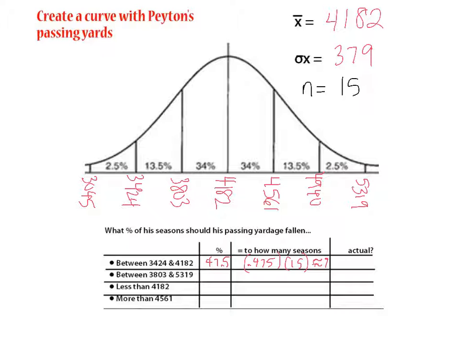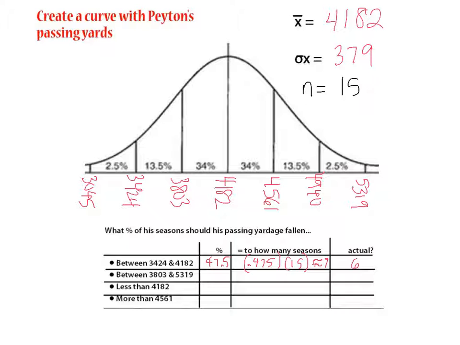The first one does, so that's 1, 2, 3, 4, 5, 6. I think I got 6 there. So we said about 7, but it actually was 6. That's pretty close. That's kind of the mentality that we're going with.